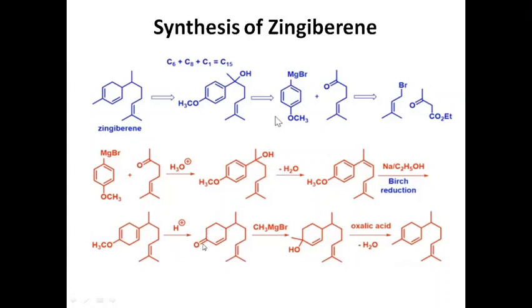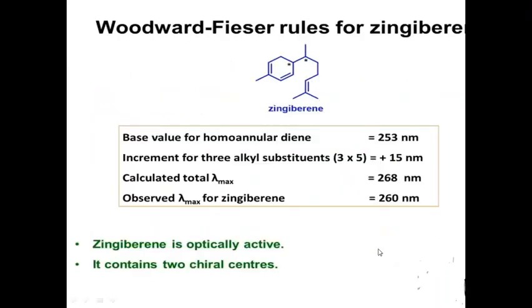On this alpha beta unsaturated ketone, one molecule of Grignard reagent, methyl magnesium bromide, adds, resulting in the formation of a tertiary alcohol. This tertiary alcohol undergoes dehydration, resulting in the formation of zingiberene.